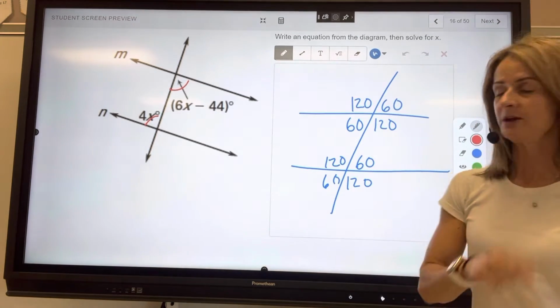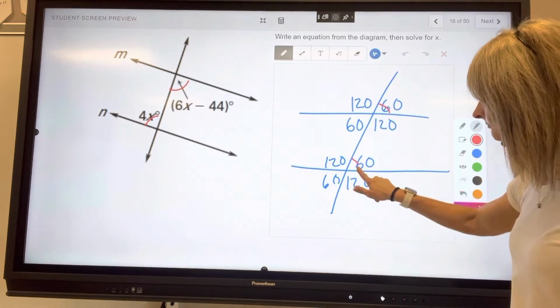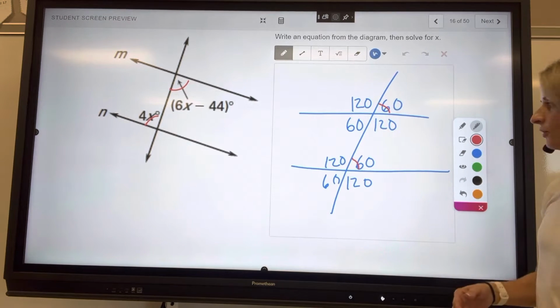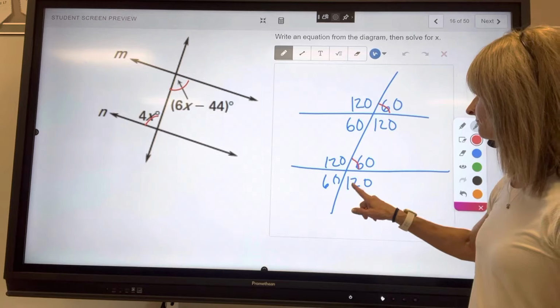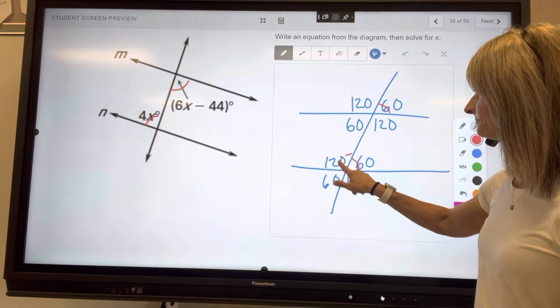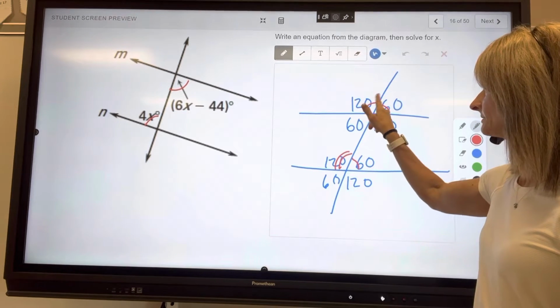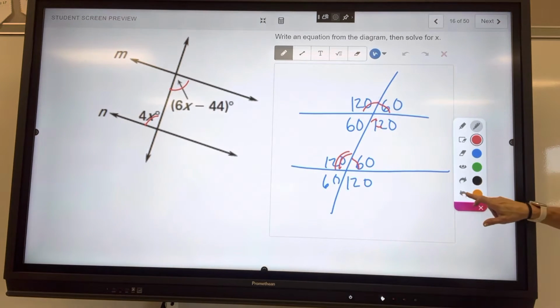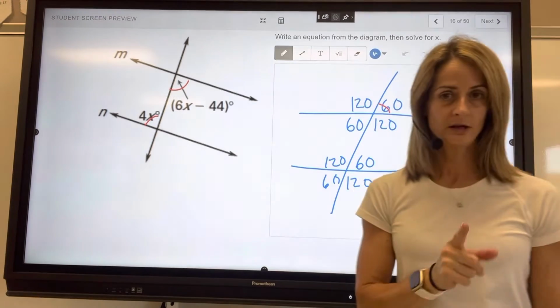Okay, now look at the relationships. The last problem we just did was corresponding angles. Notice they're the same. Any pair of corresponding angles, if I picked this pair right here, this angle corresponds to this one. See, they're the same. Corresponding angles are congruent when the lines are parallel, only when the lines are parallel.